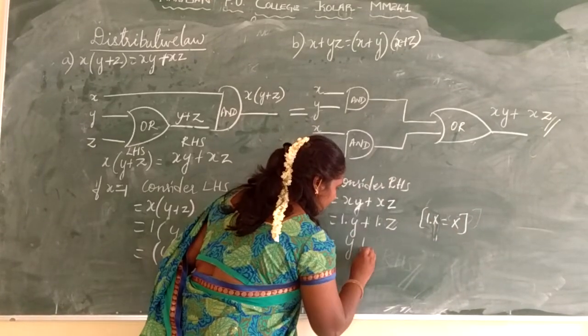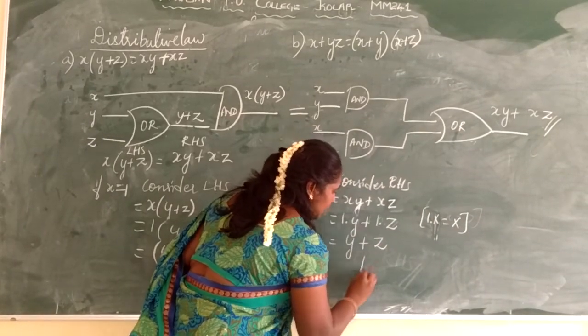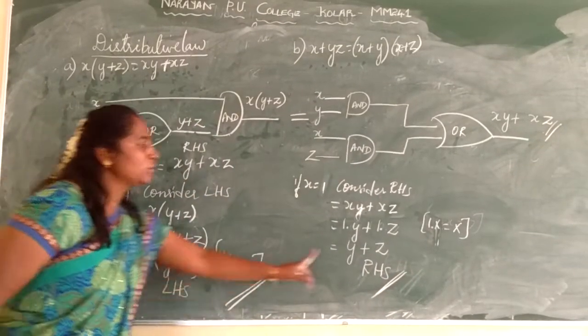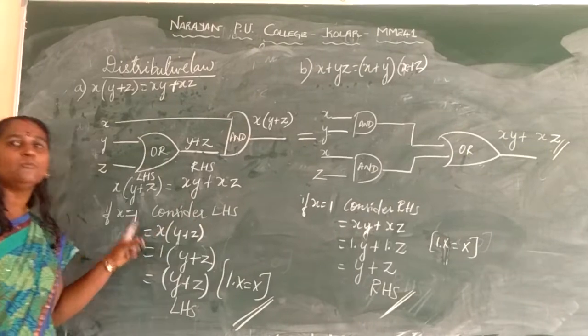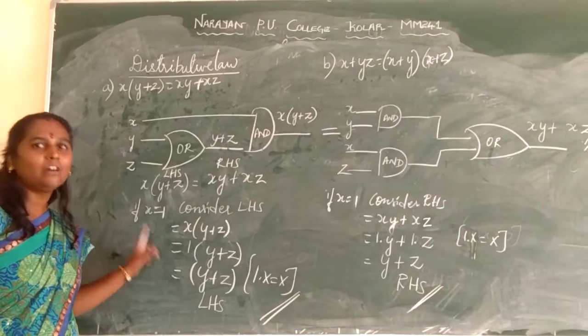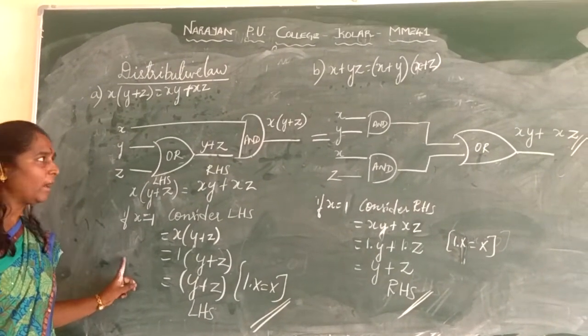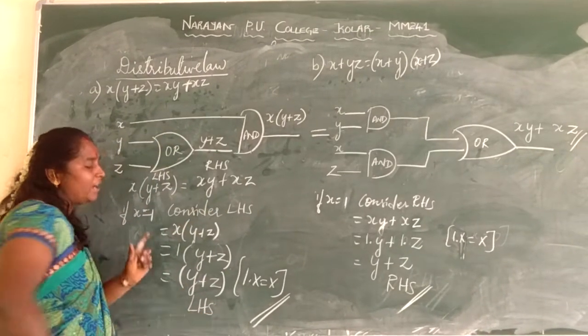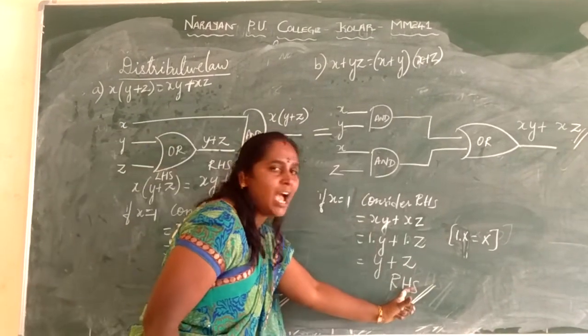So y plus z. This is your RHS. Now your LHS is equal to your RHS for both x is equal to 0 as well as x is equal to 1. So using this, we theoretically prove that our LHS is equal to your RHS.